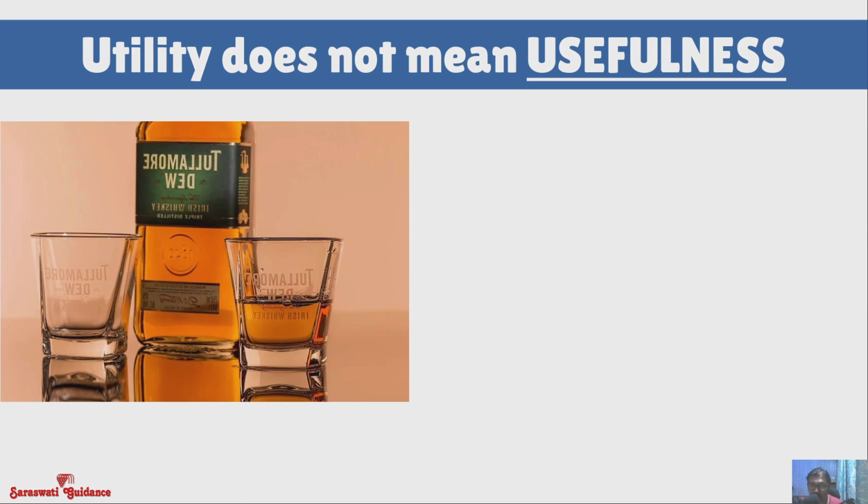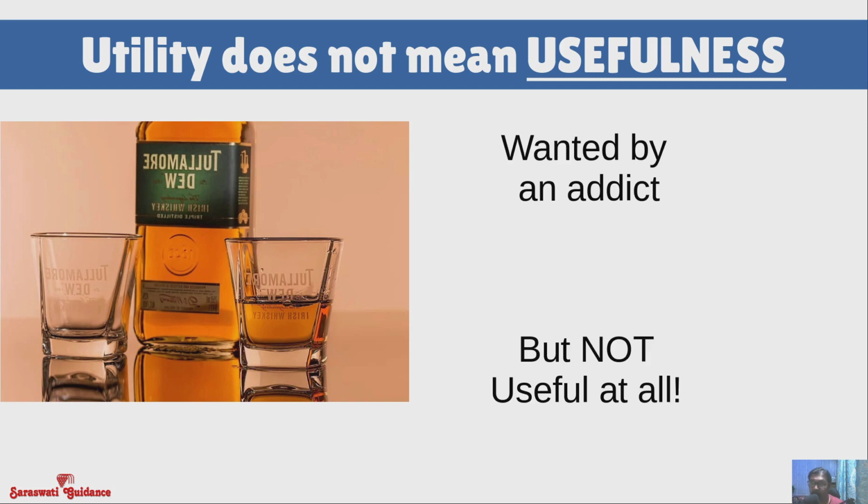Now, liquor is generally wanted by an addict very much, of course, we all know that. But is it useful to that addict? Absolutely not. On the contrary, liquor harms an addict who is addicted to the liquor. So, for an addict, there is some utility of the liquor, but is it useful to him?